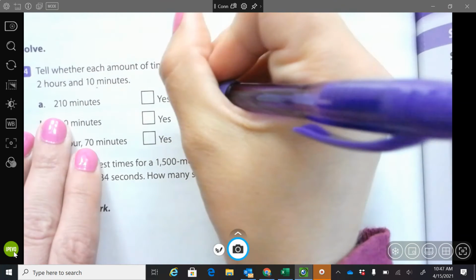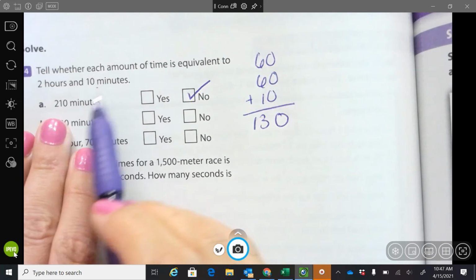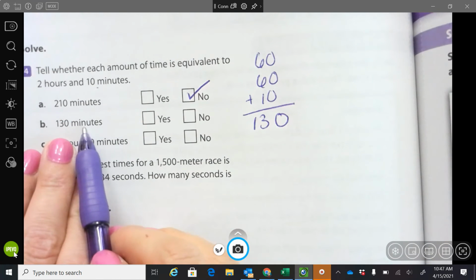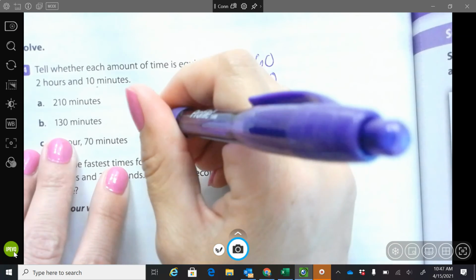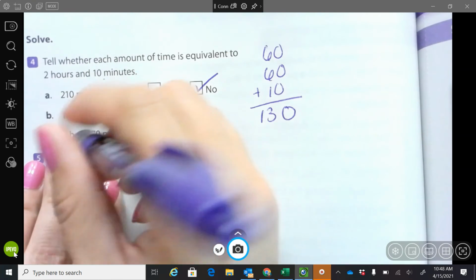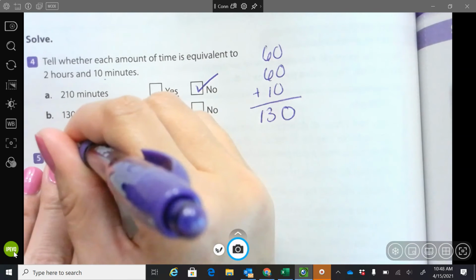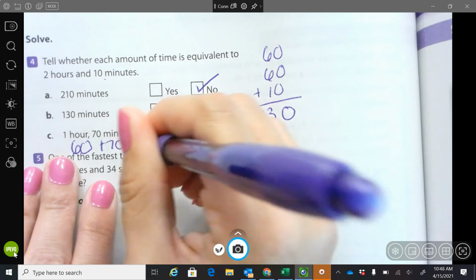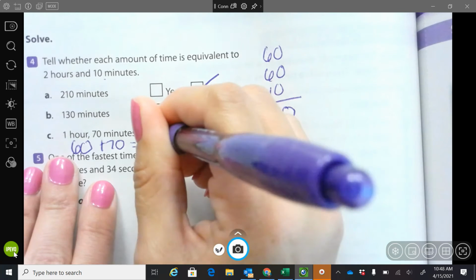A would be no. 2 hours and 10 minutes does not equal 210 minutes. B would be yes. What about C? Yes. Okay, because 1 hour is 60, and then we have 70. That gives us 1 hour and 30 minutes.